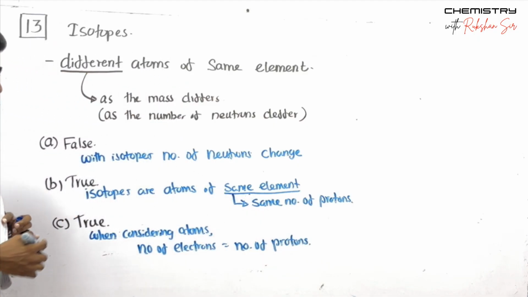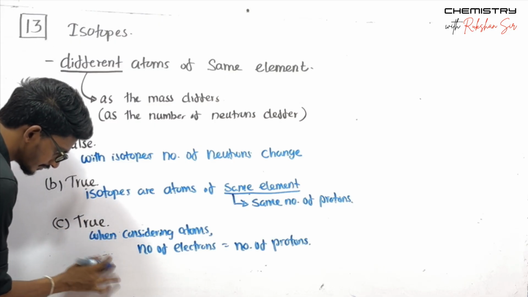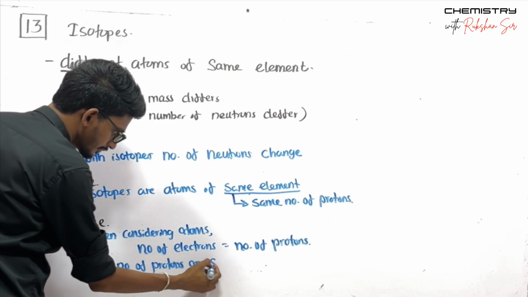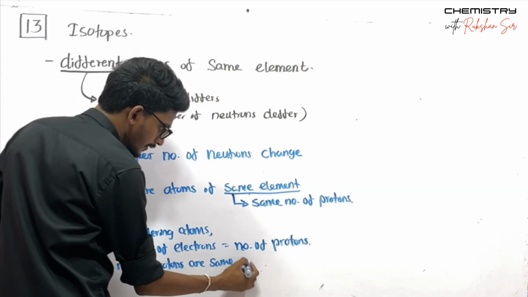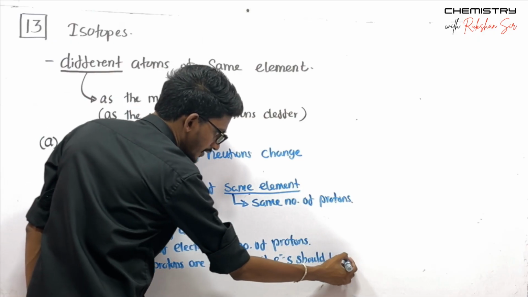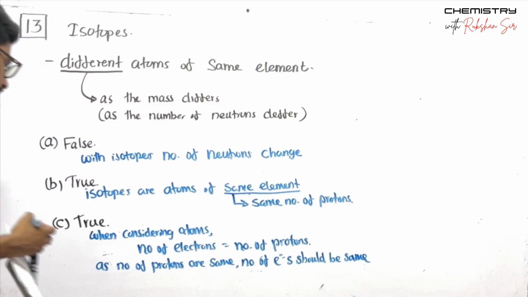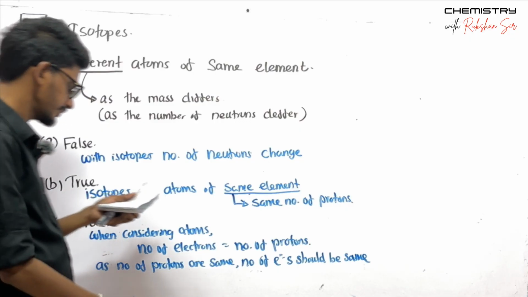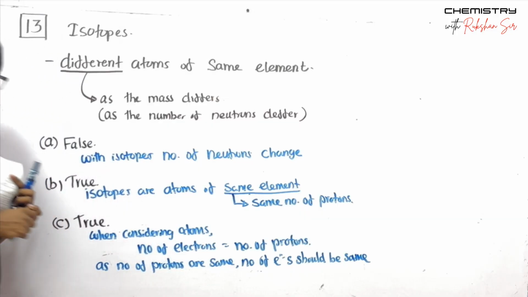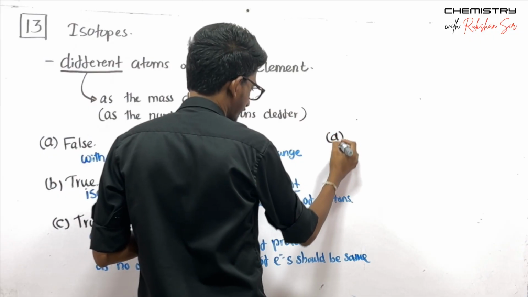As the number of protons is the same, the number of electrons should also be the same with isotopes. Next one, have the same number of nucleons. No, that is false. Statement D, false.